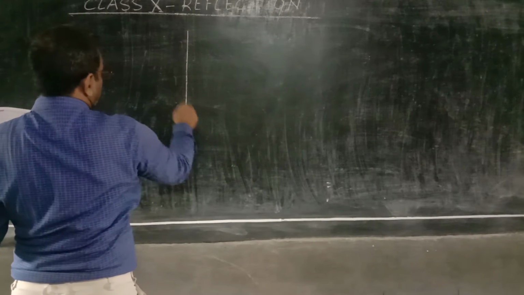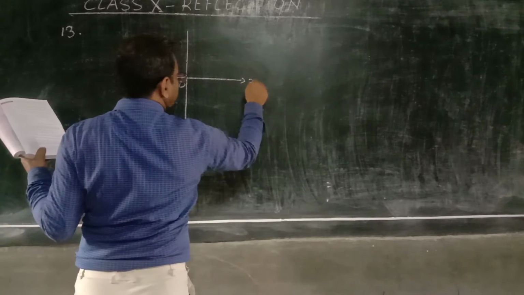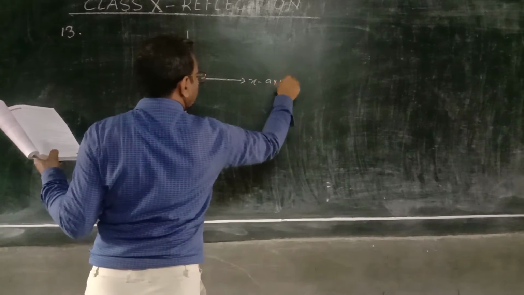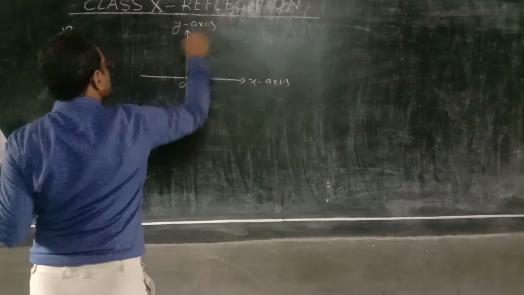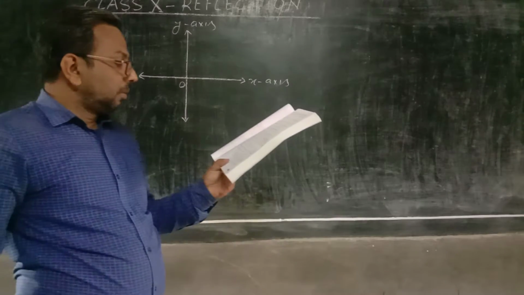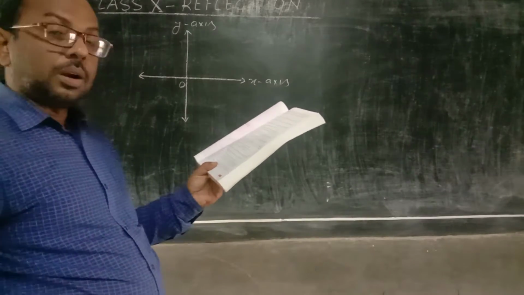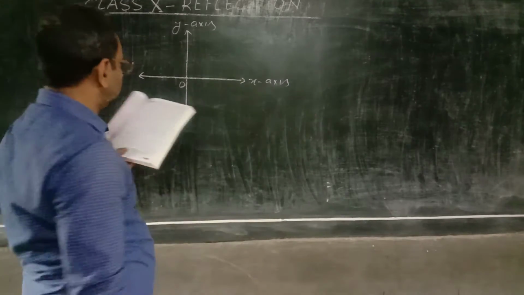First of all, we draw these axes, x-axis, and this is the y-axis. The coordinate of the image is given, P dash (2, -3).